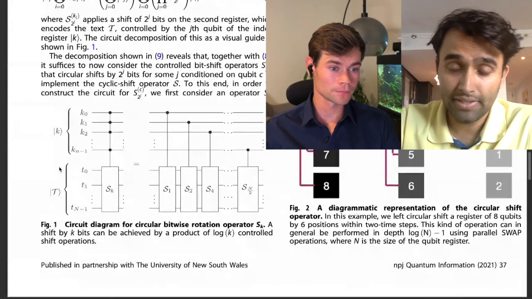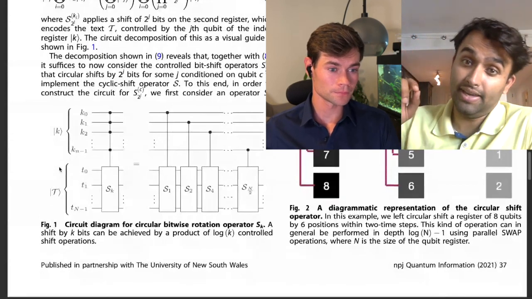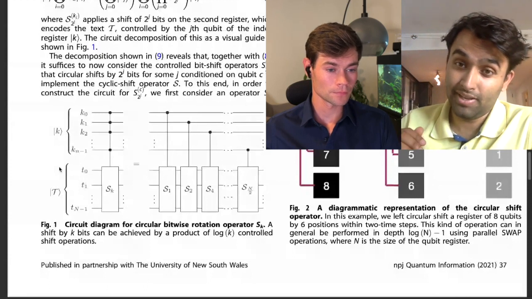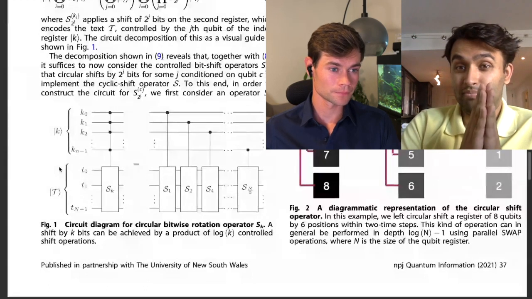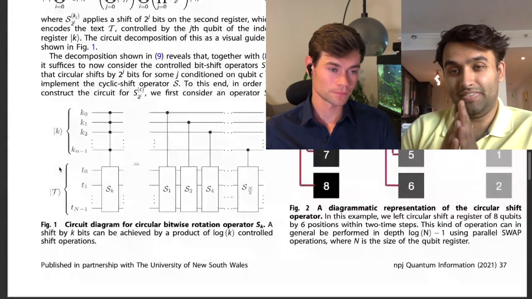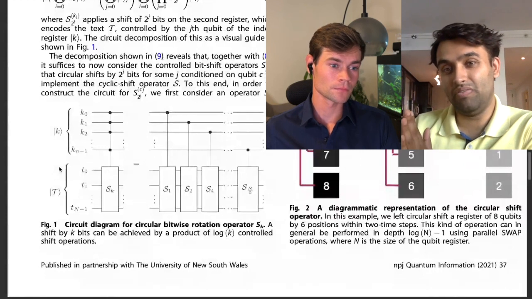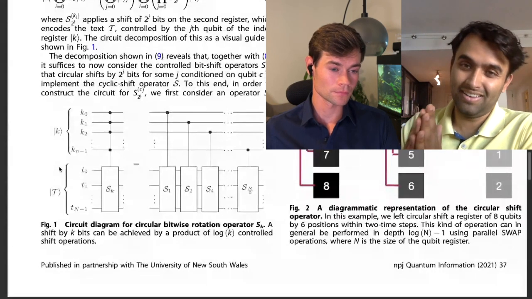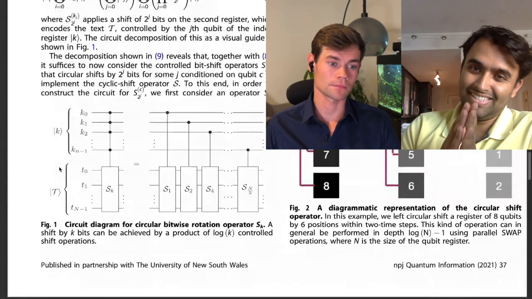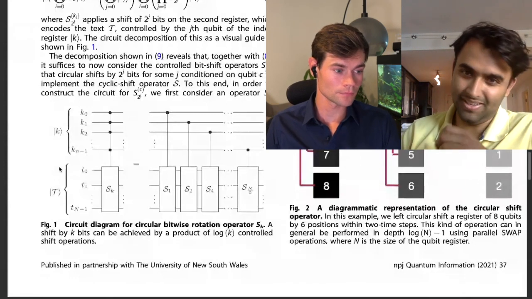One way of doing that is saying, let's look at the first bit, and if the first bit is 1, we move the whole thing by n/2. If the second bit is 1, we move it by n/4. If the third bit is 1, we move it by n/8, and so on. And that way you can generate the entire superposition.